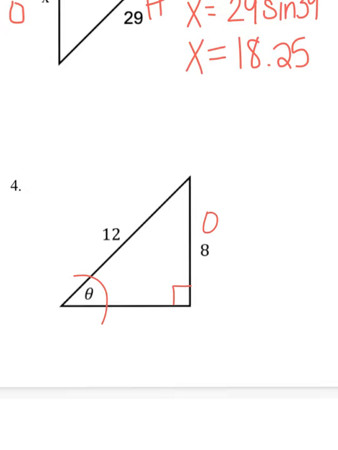It's also adjacent to theta, but more importantly, it's across from the right angle, meaning that it is your hypotenuse. So we have O and H, that's going to be sine of theta equals opposite divided by hypotenuse, which is 12.